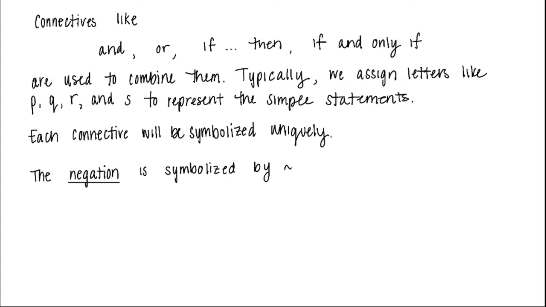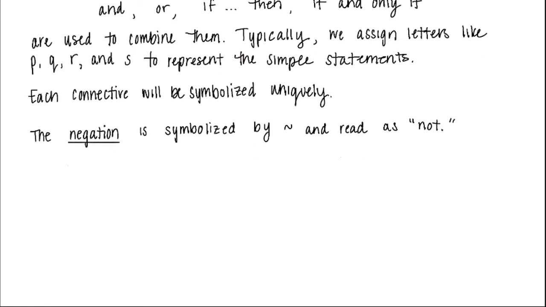It's basically that little squiggle right next to the one. But it's read as "not." Some other books you might see will use a line with a bar down, but our book is going to use that little tilde symbol. Okay.